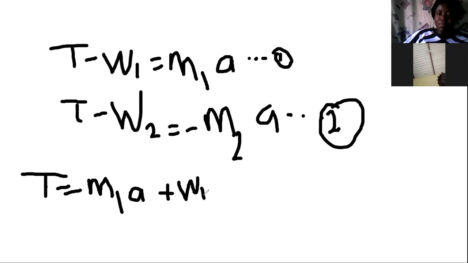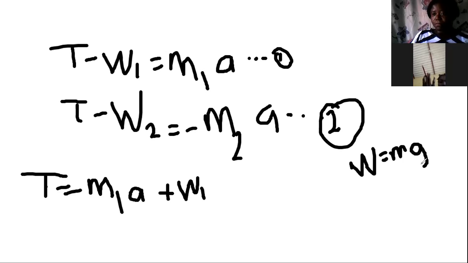And how do you calculate the weight? The weight is equal to the mass times the gravitational acceleration. So in place of that weight, we simply put the mass times the gravitational acceleration.